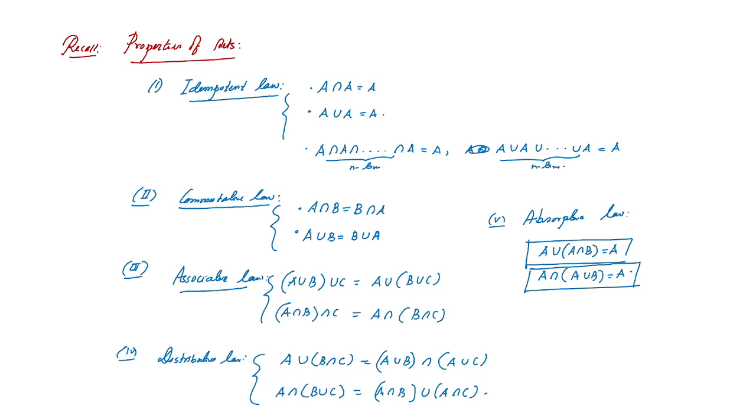And there is also one famous law, which is called De Morgan's law. Law number 7, De Morgan's law. The law says that the complement of (A union B) is A complement intersection B complement, and the complement of (A intersection B) is A complement union B complement.